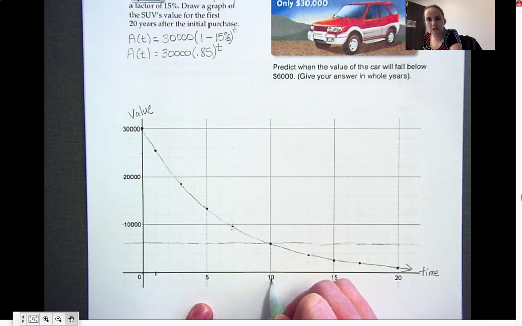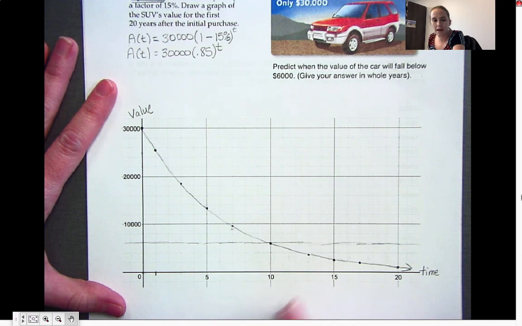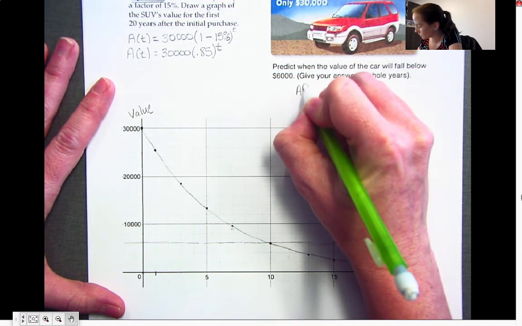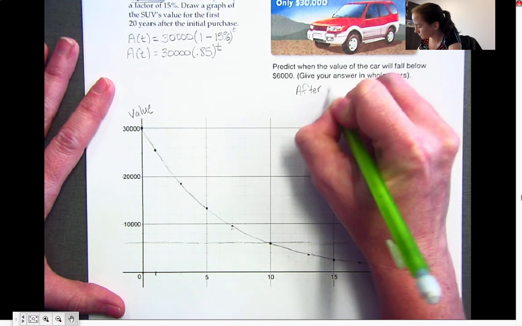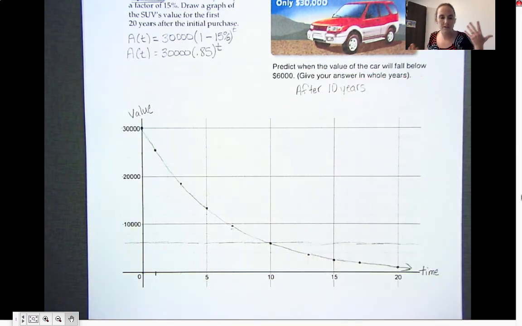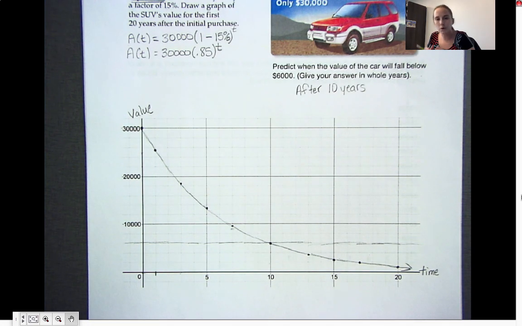So the car will fall below $6,000 approximately 10 years after you purchase it. So after 10 years. If you just said 10 years, that would be fine too. Somewhere around 10 years, that's your appropriate answer.